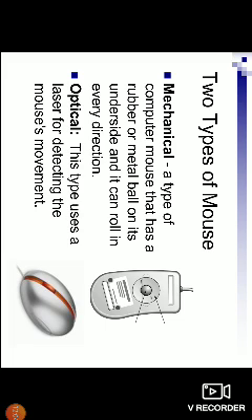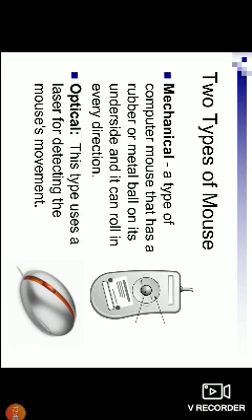Next one is a mouse. There are two types of mouse. First one is mechanical, second one is optical mouse. The mechanical mouse has a rubber or metal ball on its underside, and it can roll in every direction. See this first one, under the mouse we have a ball.